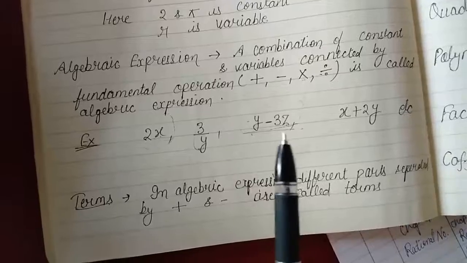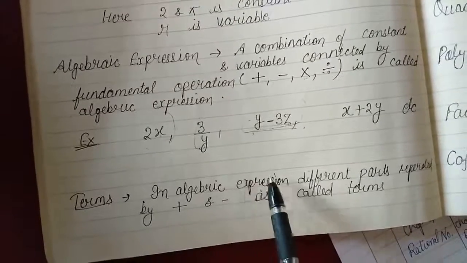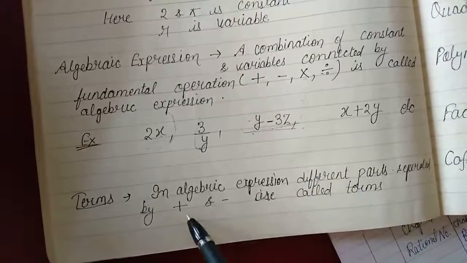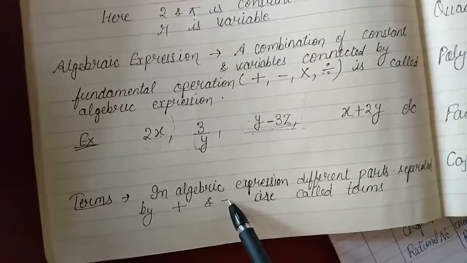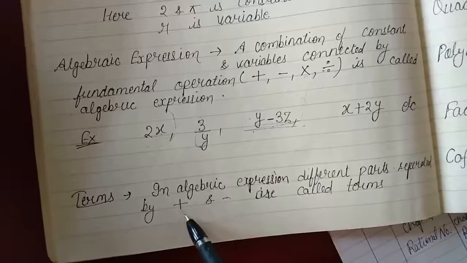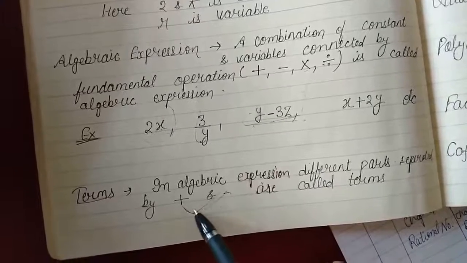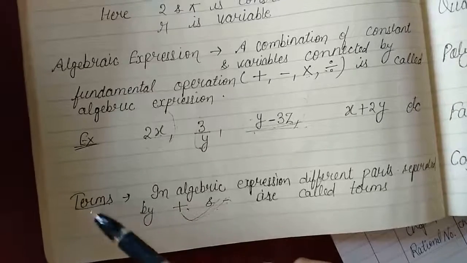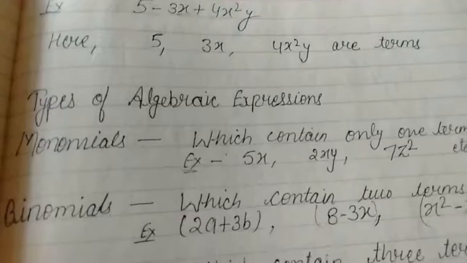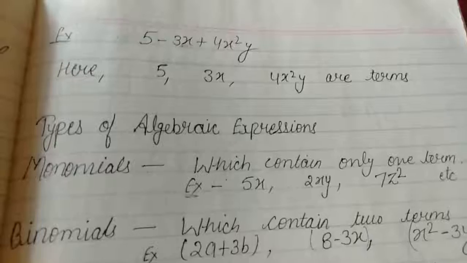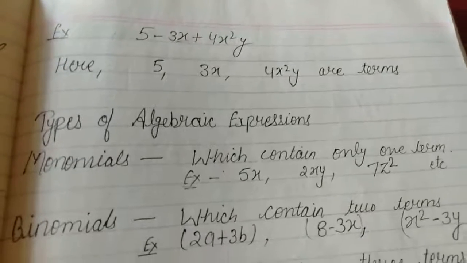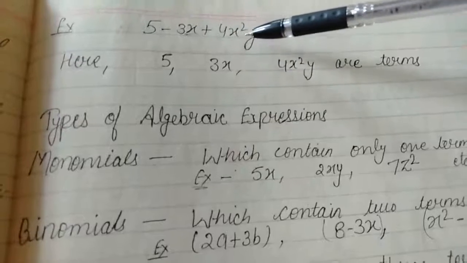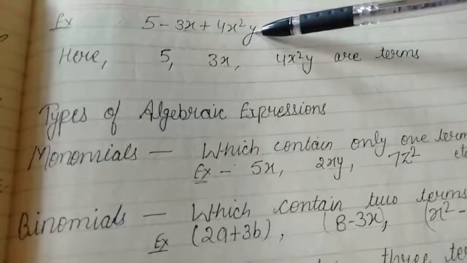Now what is a term? The different parts of an algebraic expression separated by only plus or minus are called terms. Now there is an example of an algebraic expression: 5 minus 3x plus 4x square y.